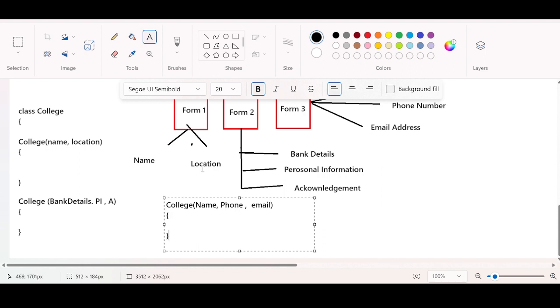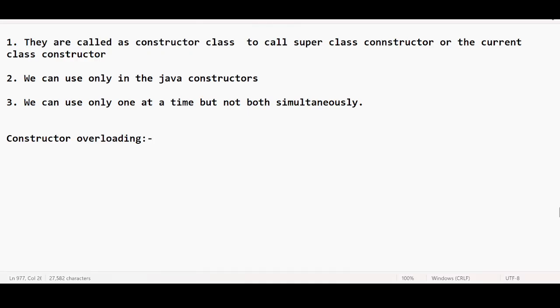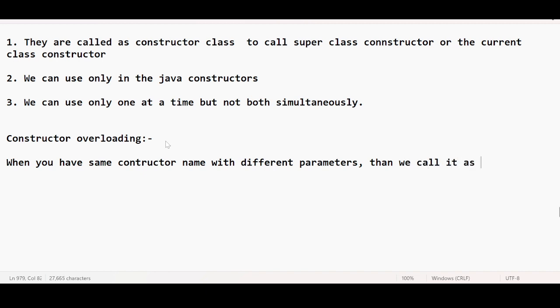Okay, the answer is here. The answer is what we have just developed. The answer says when you have the same constructor name with different parameters, then we call it constructor overloading.